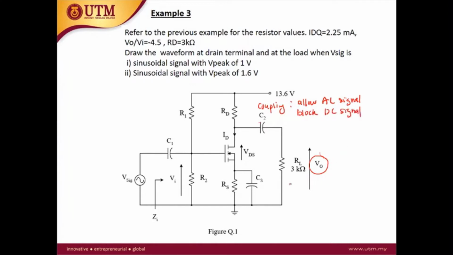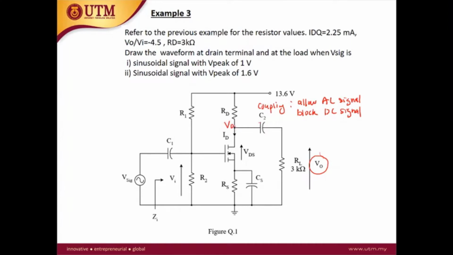So the waveform at the load will be only the AC signal without the DC value. What I mean by DC value is, if there is no input signal connected at the input of the amplifier, the voltage at the drain, I call it VD, has a value.